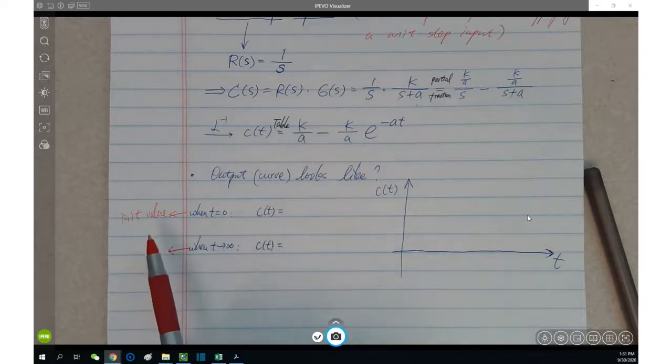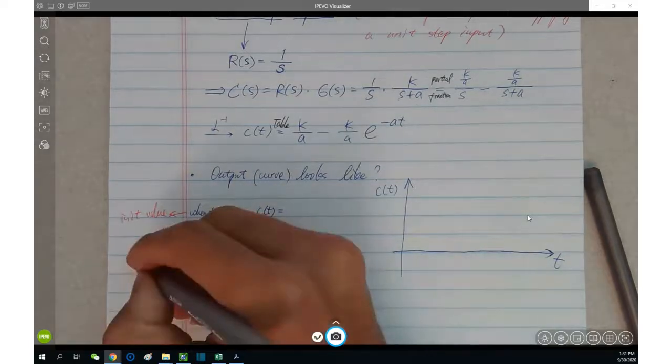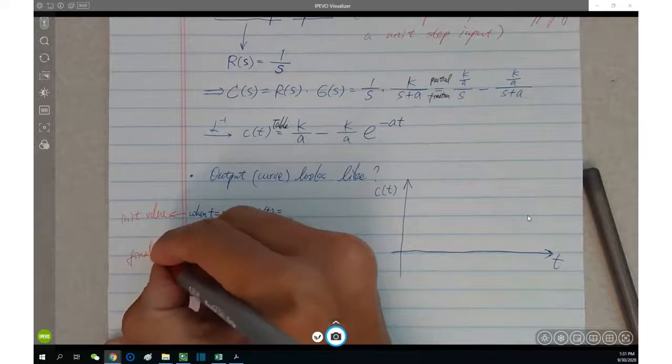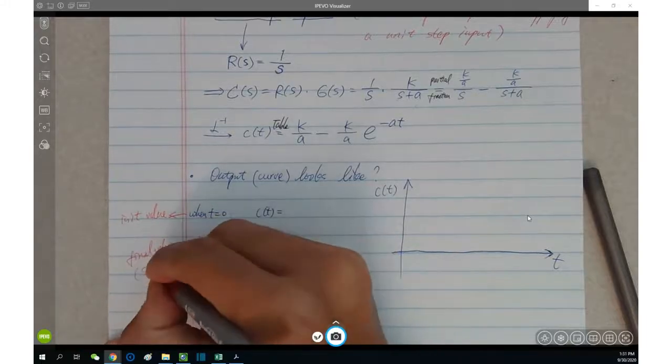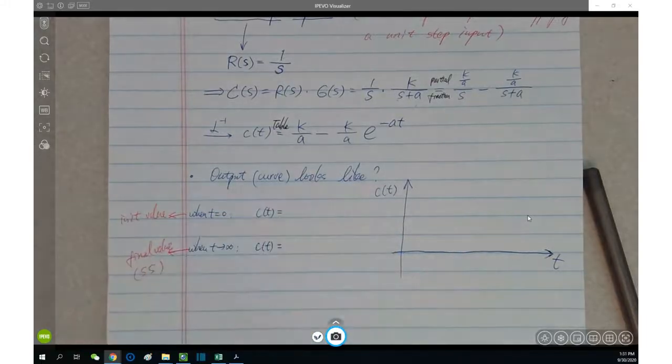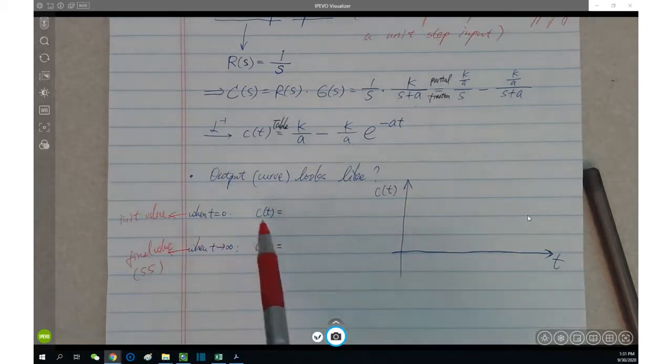What's the definition for when t is approaching infinity? We call it the final value, but actually it's nothing but the steady state value. I'm not asking for the value yet.